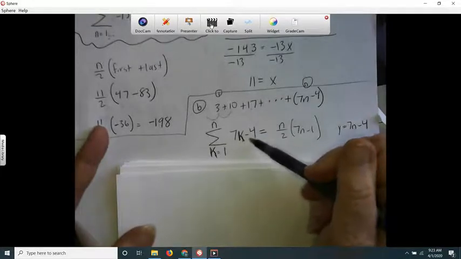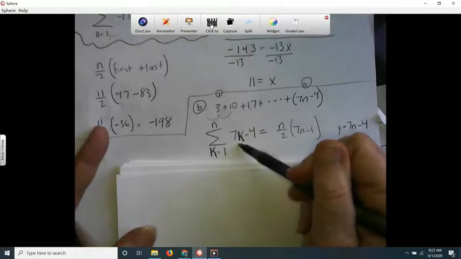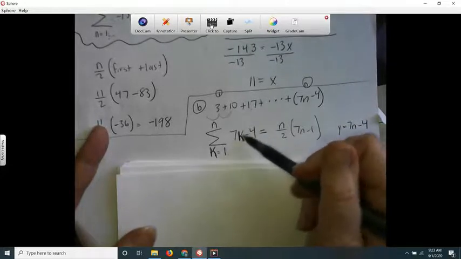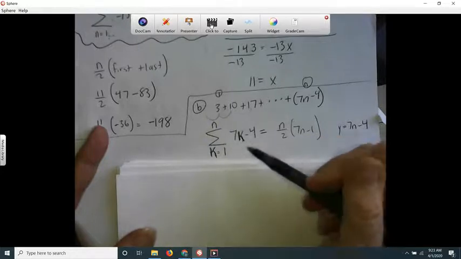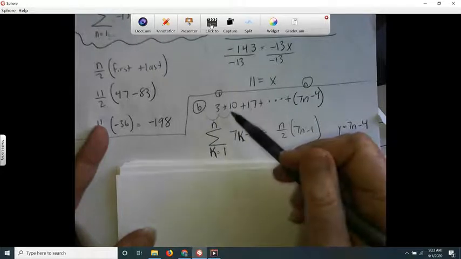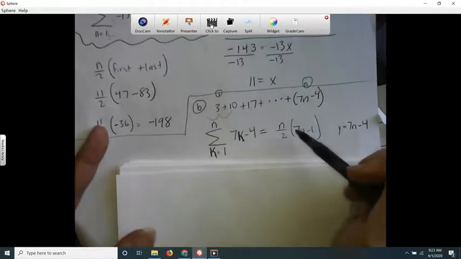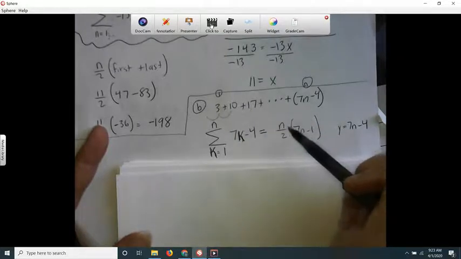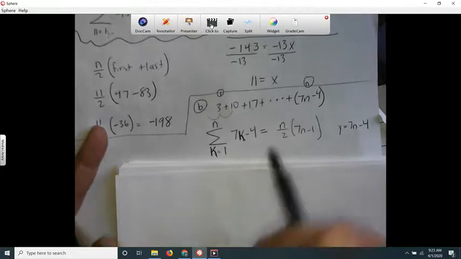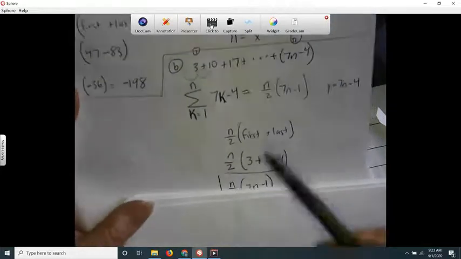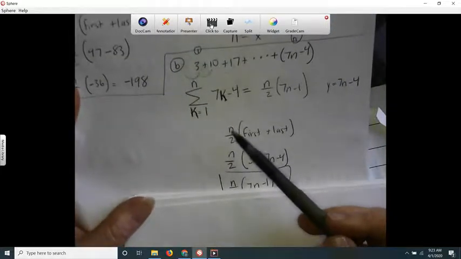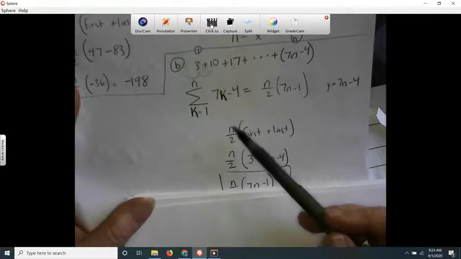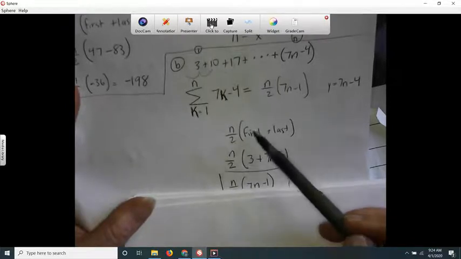So that's saying the first term I can get by plugging a 1 in. Gives me the 3. The second term, I plug a 2 in, I get 10, right, like that. And then the sum of that would be, here's our little formula. These are the pairs, and then the first plus the last.